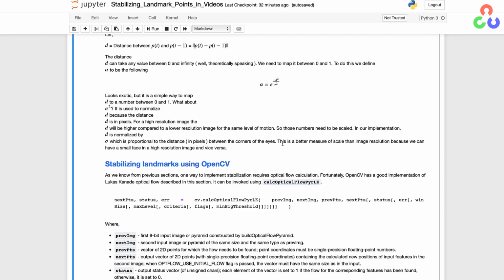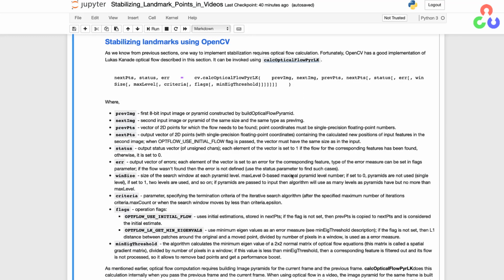In the face, the distance between the corners of the eyes is a very stable quantity. It doesn't change a lot between different people. So we can use that as a scale for the face. We could have used other notions of distance as well. For example, we could have used the size of the face bounding box to normalize this, but we chose to use the distance between the eyes. And both are valid ways. We just need some way to normalize this distance.